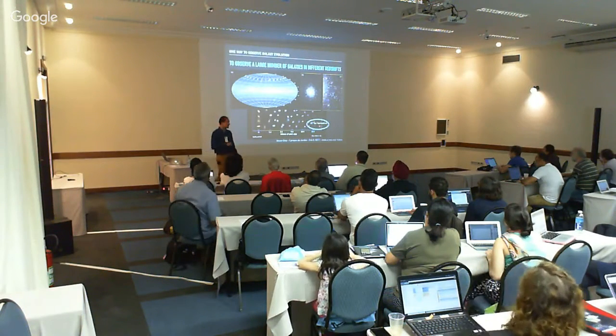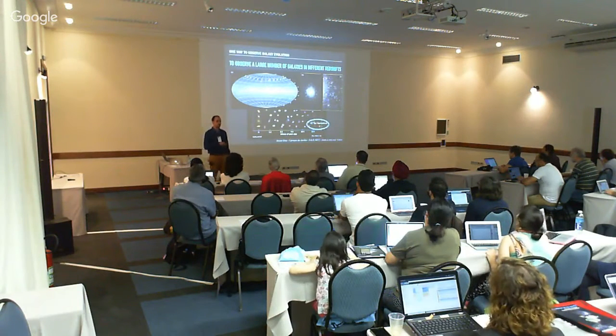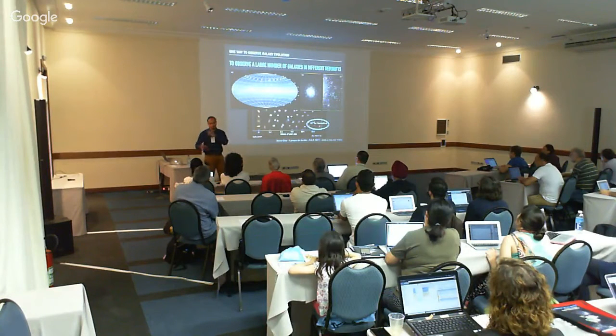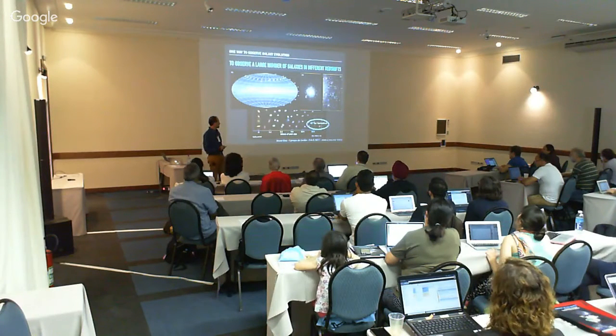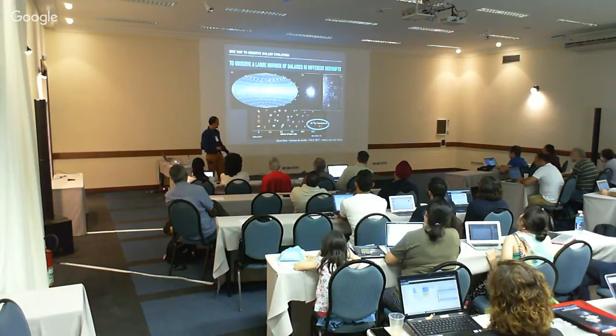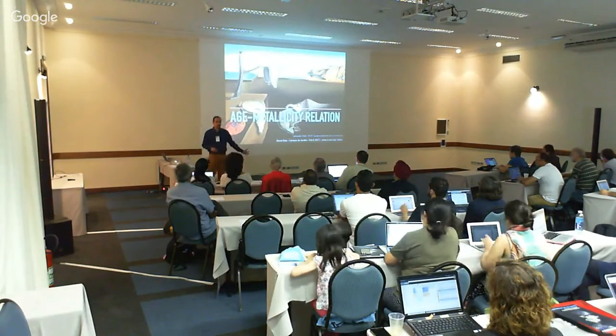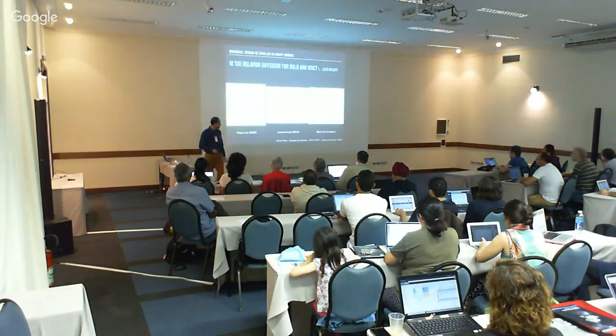Here I'm looking at galaxies in the very early stage of formation, and here I'm looking at an object that has evolved for billions of years. So what kind of information can I retrieve from these objects that tells me the story of the universe? Of course, we have here the age-metallicity relation for globular clusters in the Milky Way.